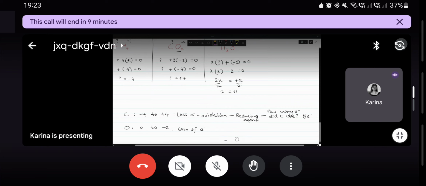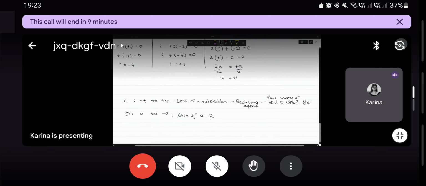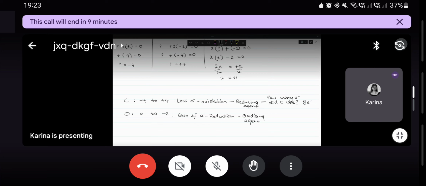We're going all the way to the negative side. So we gained electrons. This must therefore be our reduction substance and our oxidizing agent. Oxidizing agent, and again we can ask ourselves a question, how many electrons did oxygen gain? This one is a bit simple. If we're on 0 here on the number line, we would need to jump twice to get to -2. So we would have gained 2 electrons.